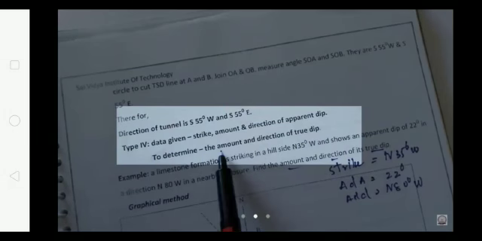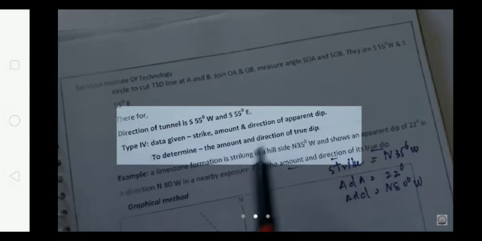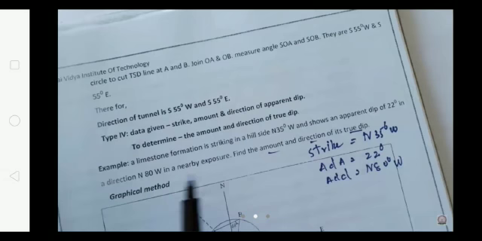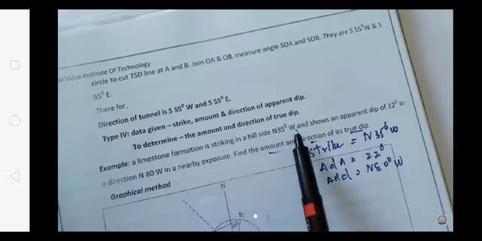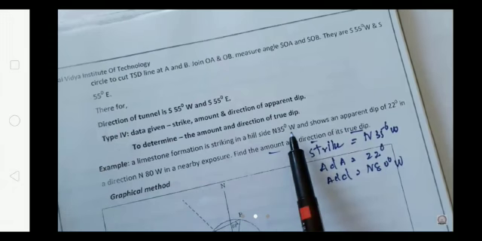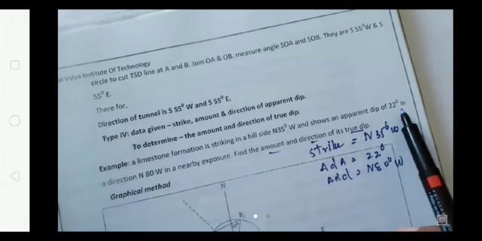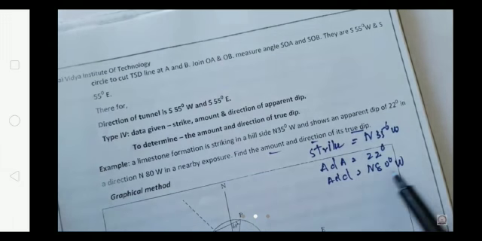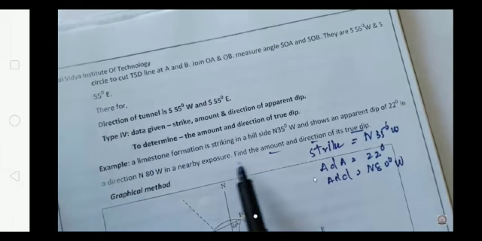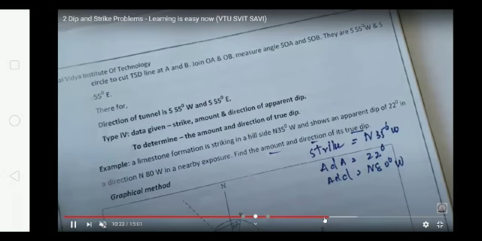True dip, apparent dip amount. You can see in the question there are two apparent dips given. And once again I'll go back to this.